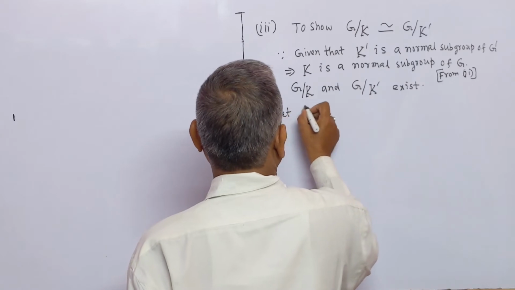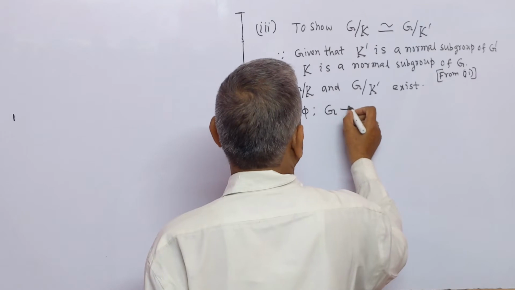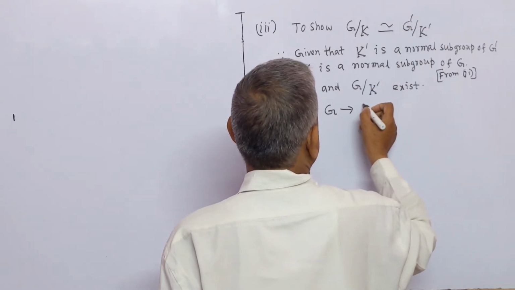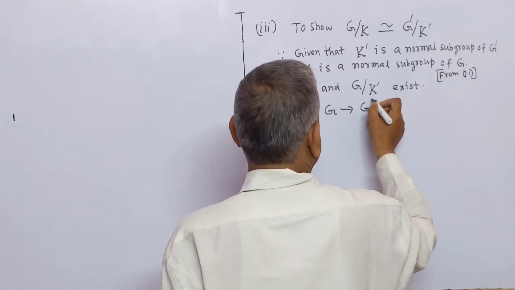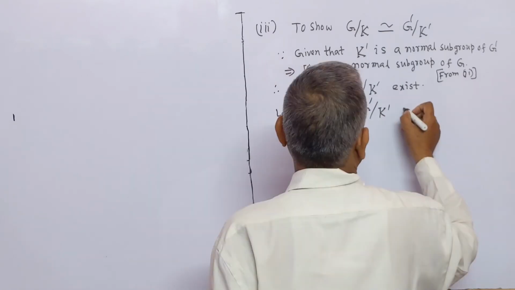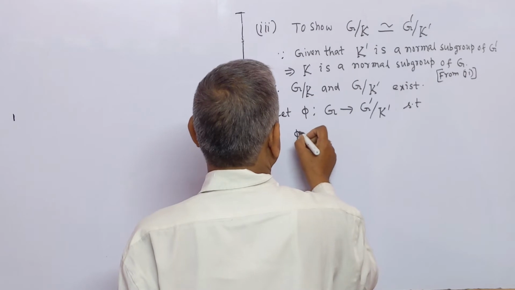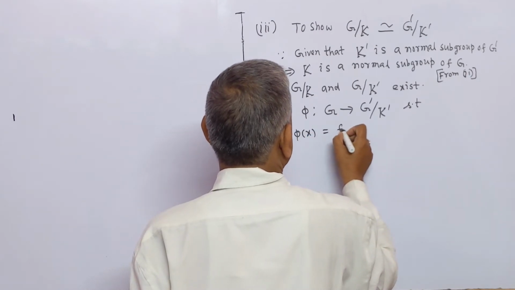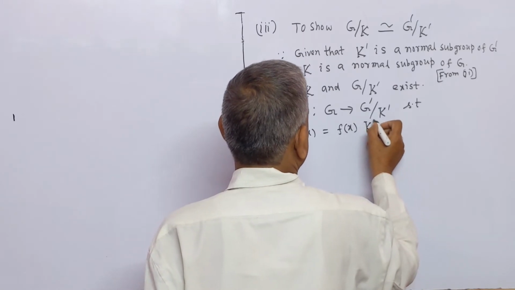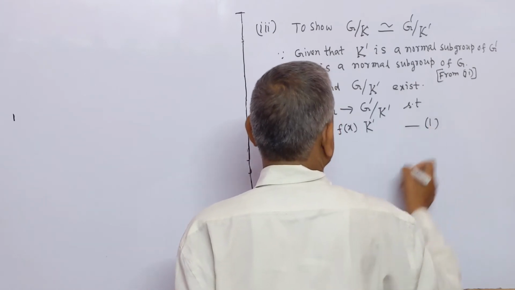Let phi be a mapping defined from group G to quotient group G' by K' such that phi(x) equals f(x) K'. Let this be number 1.